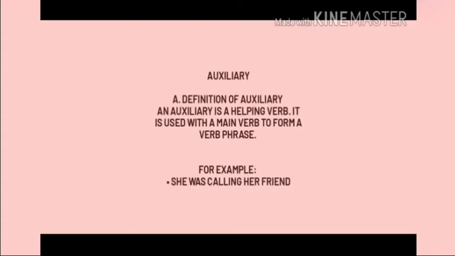The verbs be, have, and do are often referred to as primary auxiliaries. They have a grammatical function in a sentence. The words be, have, do, can, could, may, might, shall, should, must, will, would, used to, need, dare, ought are called auxiliaries.